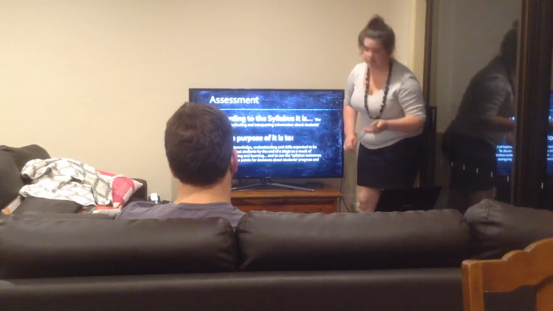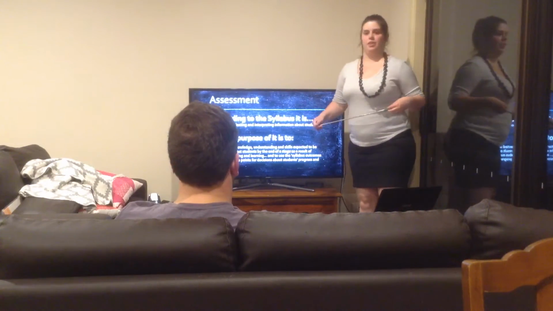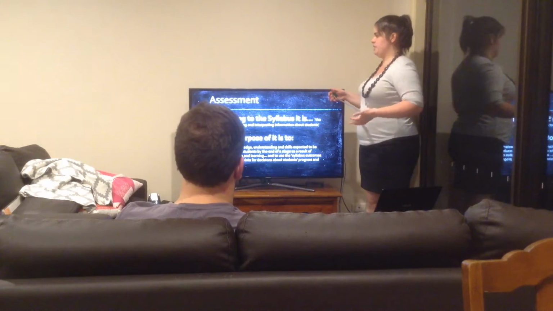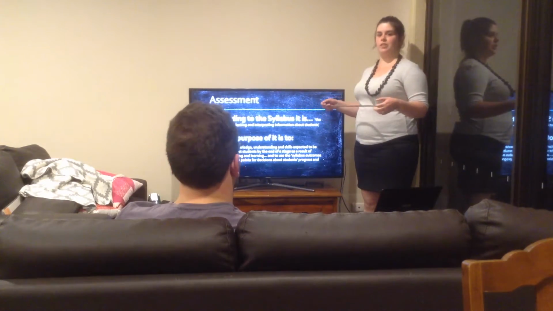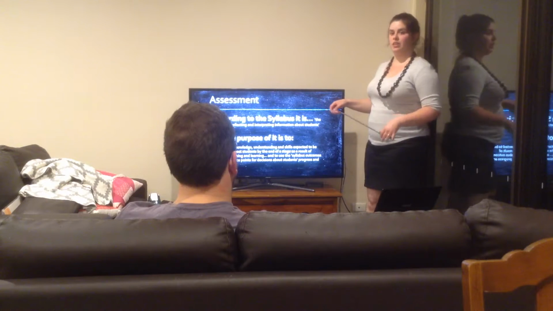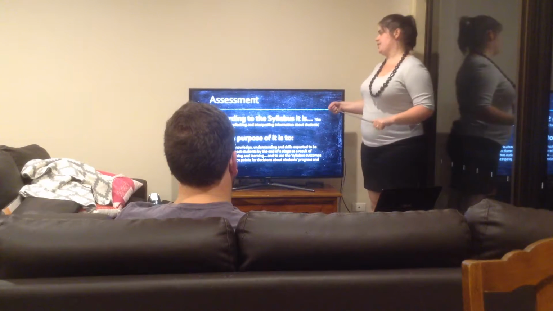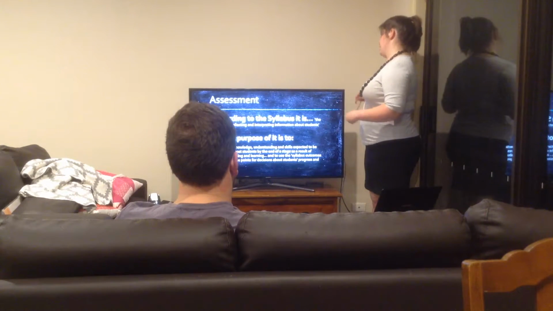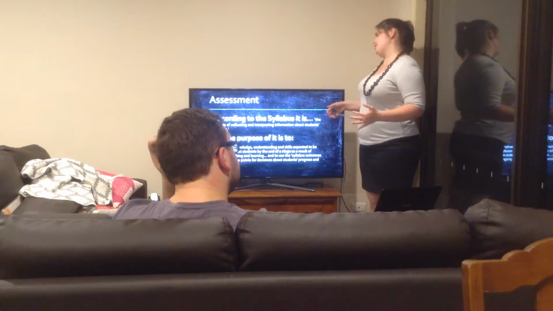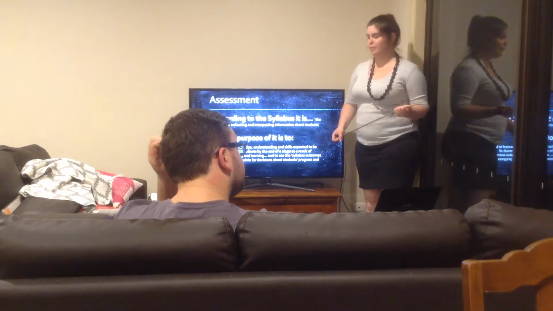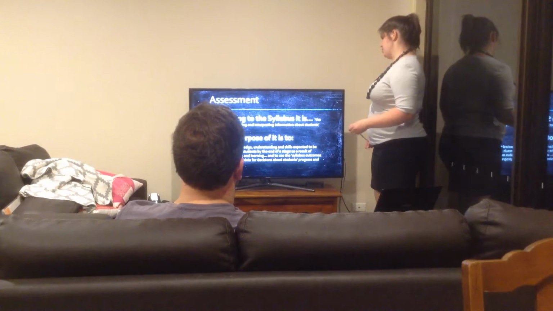Okay, assessment. Now, it's never anyone's favourite word, but we're going to go into why it's so important to support learning today. So assessment, according to the syllabus, is the process of collecting and interpreting information about students' learning.